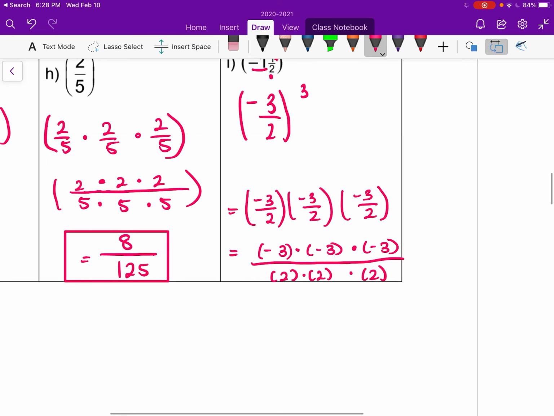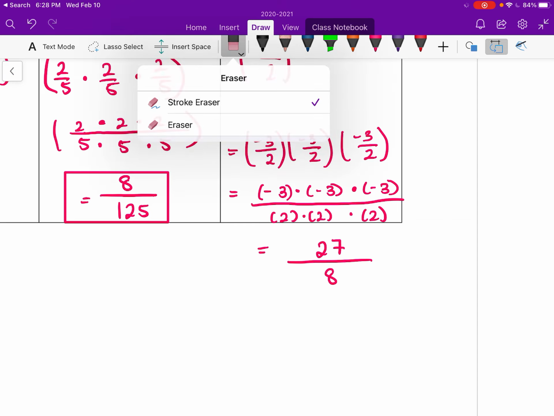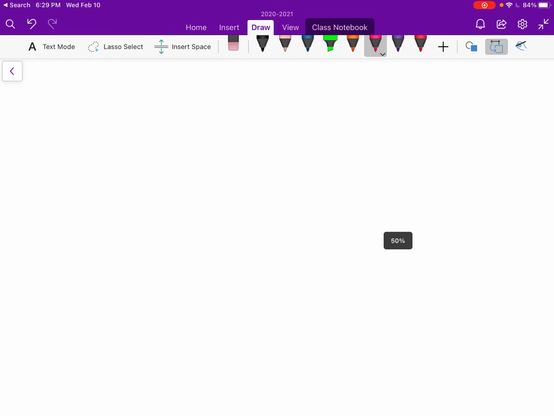So negative 3 times negative 3 is positive 9, times negative 3 will be negative 27, divided by 2 times 2 times 2, which is 8. And I'm just going to fix that and make it look nicer. Okay. And those are our answers.